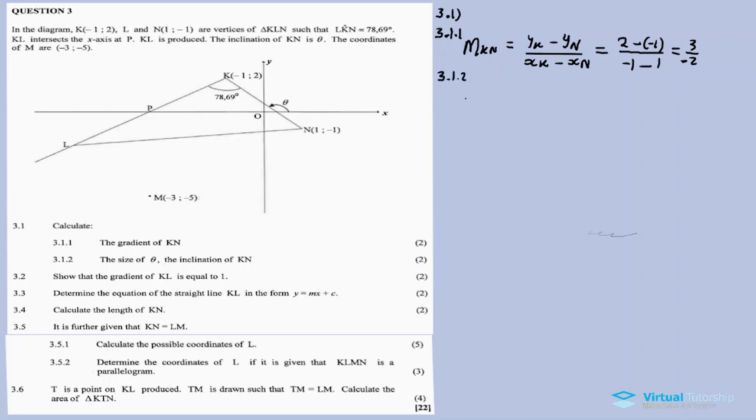3.1.2, the size of theta, the inclination of KN. We calculated the gradient of KN, and now the angle of inclination of KN. As with the gradient, the angle of inclination is calculated using the formula tan theta equal to mKN. But let's be careful and clear on something.